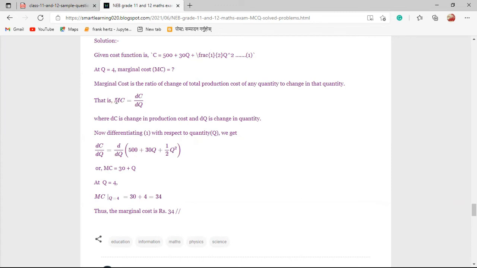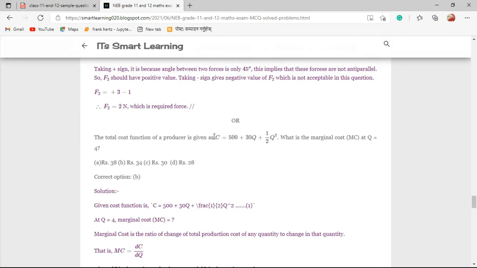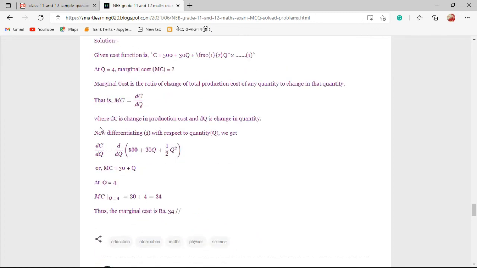So the formula for marginal cost is the change in cost with respect to change in quantity. We are given C, and we have to find DC from C. So for that, what I did here is I differentiated this relation with respect to Q, then used the value of Q and found the value of MC.